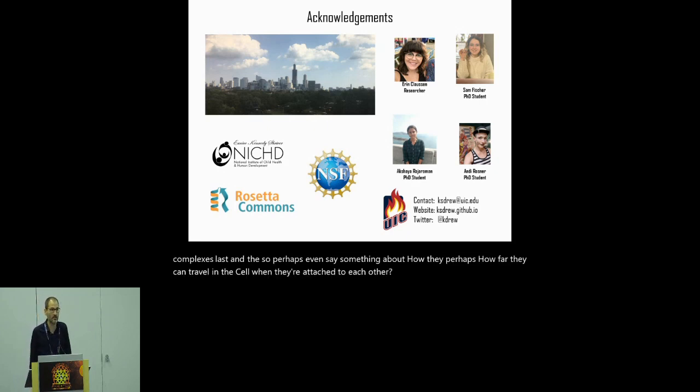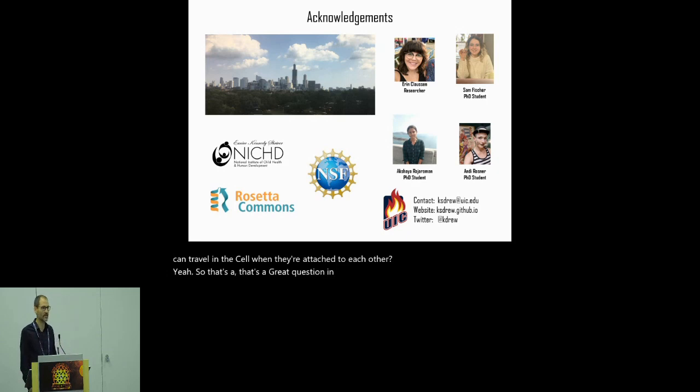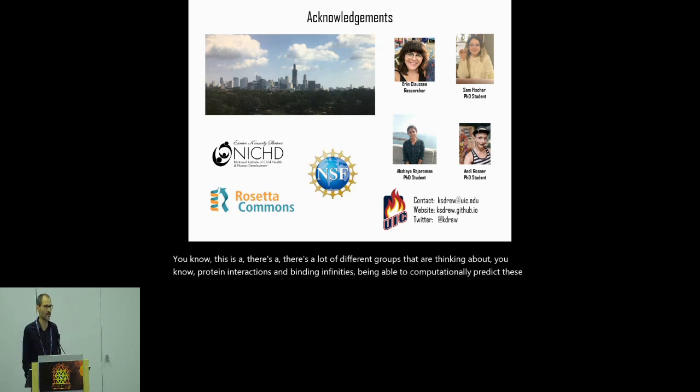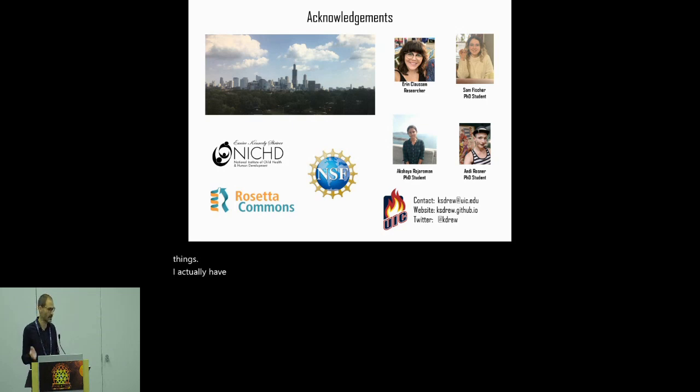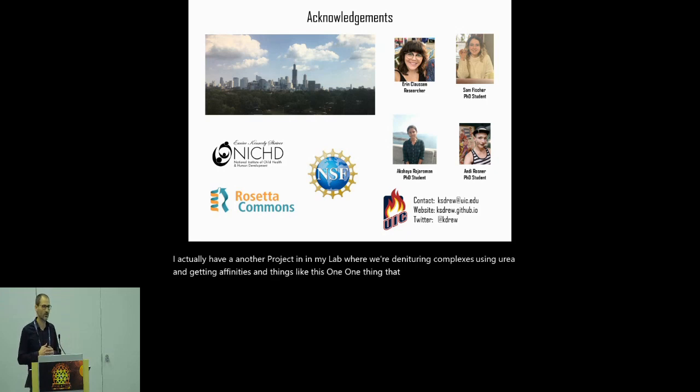Yeah, so that's a great question. In terms of binding affinity, there are a lot of different groups that are thinking about protein interactions and binding affinities, being able to computationally predict these things. I actually have another project in my lab where we're denaturing complexes using urea and getting affinities and things like this. One thing that you traditionally like to think about is just the surface area.